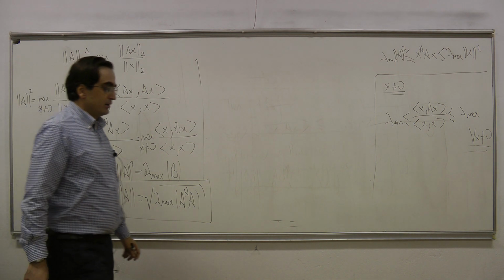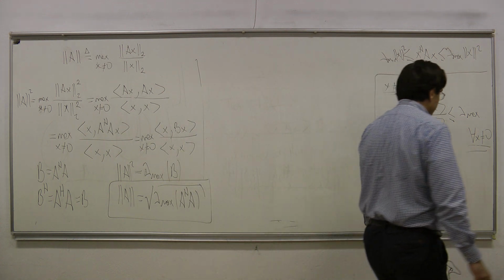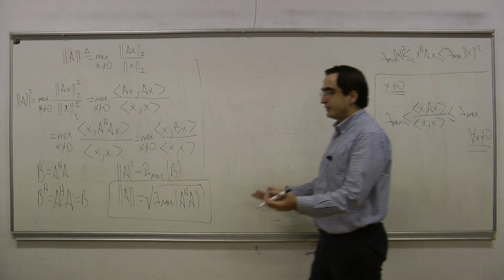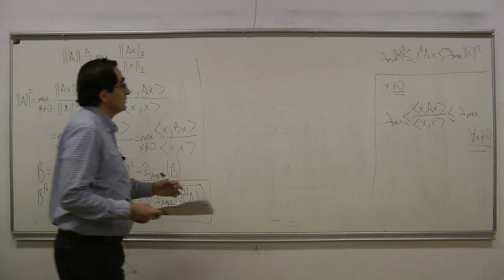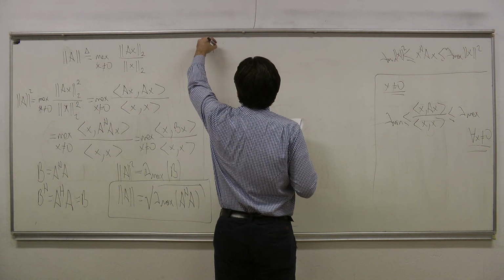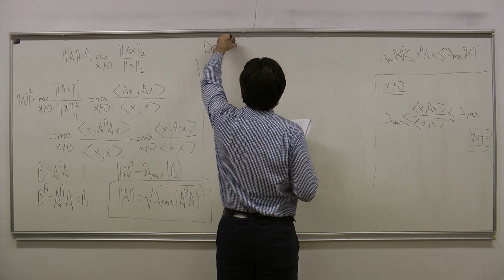As a final case of the Hermitian matrices, we are going to see the so-called positive definite or positive semi-definite matrices. Let us write the definition.